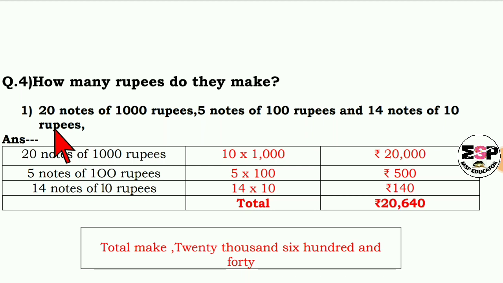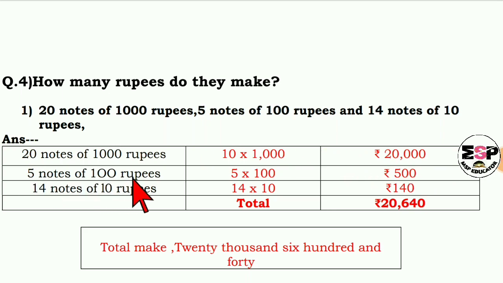So see here, one by one we will solve it. 20 notes of 1000 rupees. How much will it be? You are going to multiply 20 into 1000. Here it will be 20, not 10. 20 into 1000 will be rupees 20,000. Understood everyone? The answer is correct.